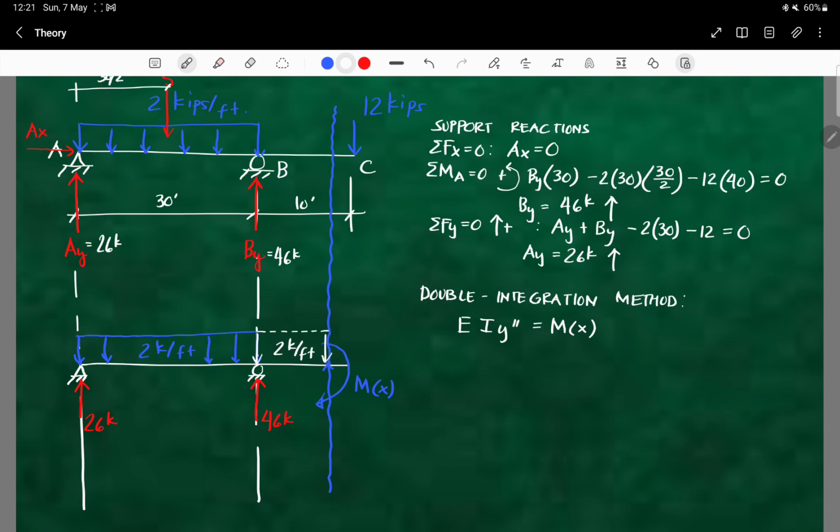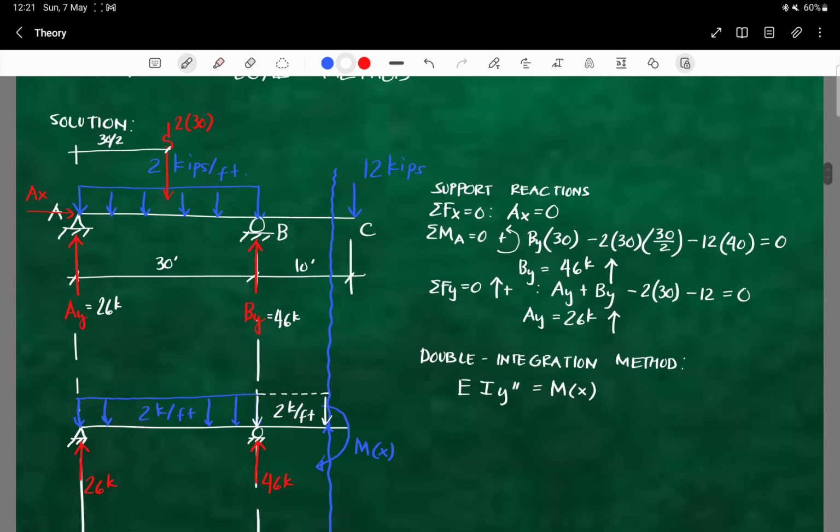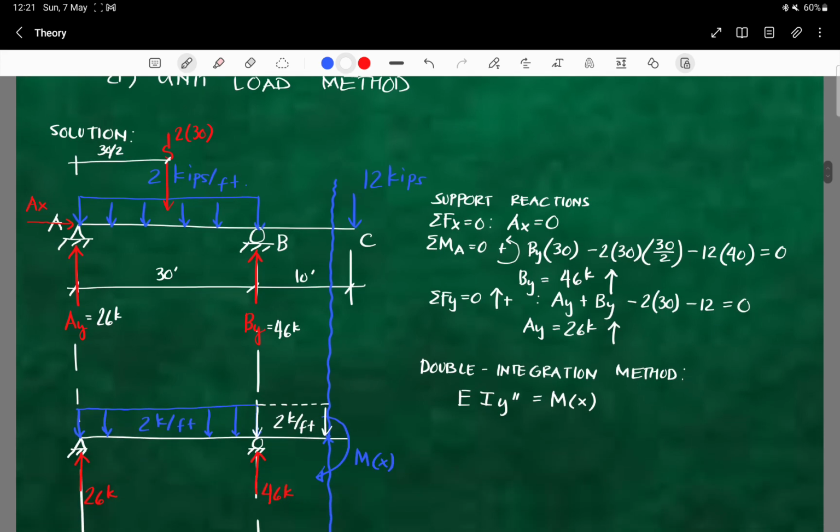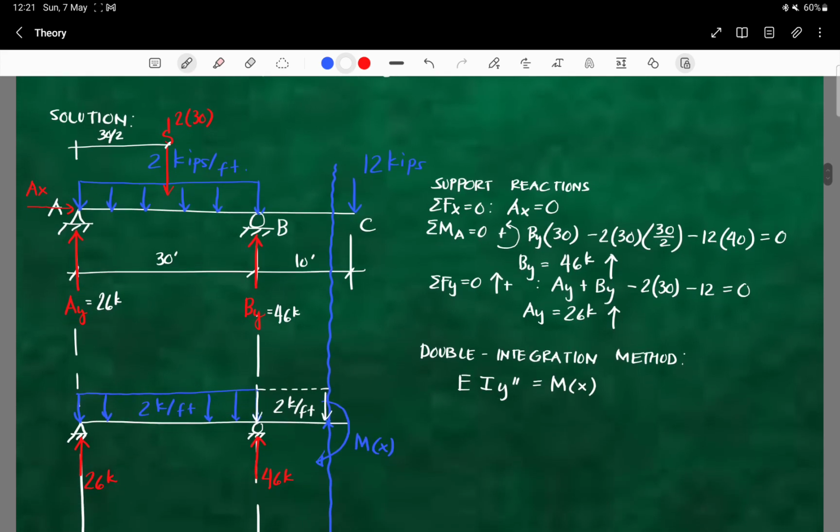Okay? So ngayon, itong 2 kips na yan, kasi dito sa actual beam natin is wala talagang load dito, di ba? Walang load dito sa actual beam natin, no? So yung gagawin natin is mag-a-add tayo dito ngayon ng same magnitude but opposite sign.